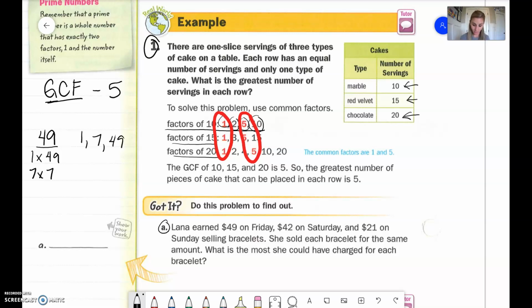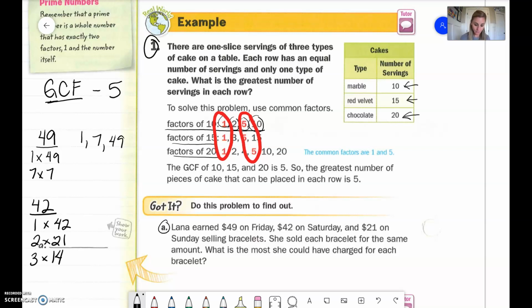Okay, let's list the factors of 42. 1 times 42, 2, yep, 2 times 21. Sorry, sometimes my pen has a mind of its own. 3, sure, 3 times 14.